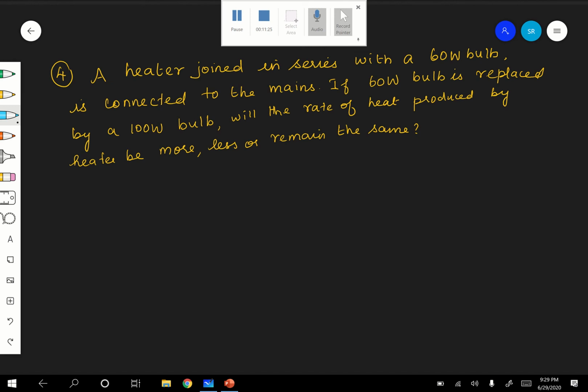Next problem. A heater is joined in series with a 60 watt bulb and is connected to the mains. If the 60 watt bulb is replaced by a 100 watt bulb, will the rate of heat produced by the heater be more, less, or remain the same?